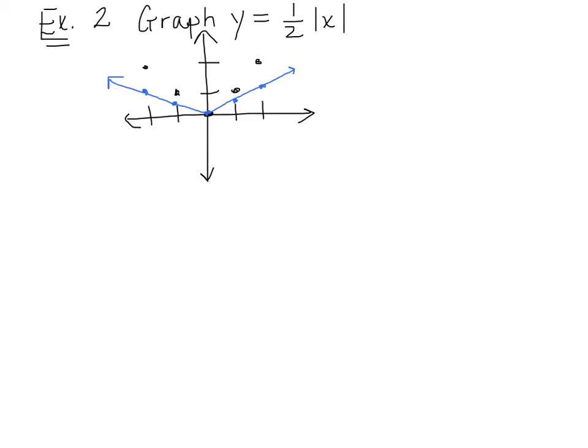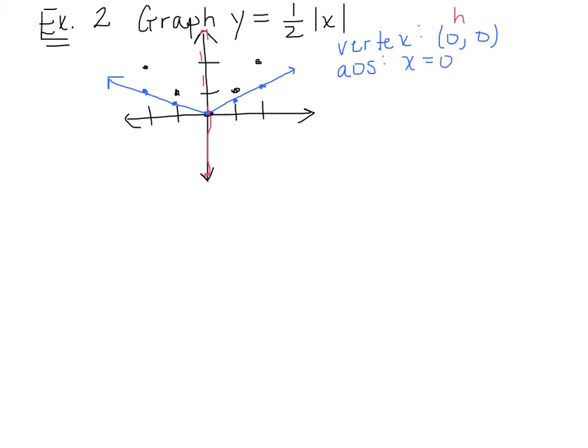And then I'm going to do vertex, which is H and K, and we don't have one. So it's 0, 0, and that matches my graph. My axis of symmetry, going right down the middle, is x equals 0.